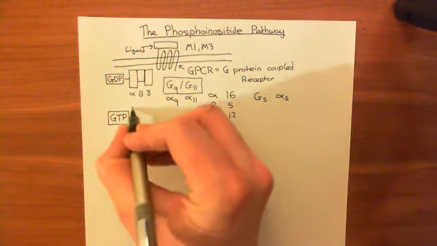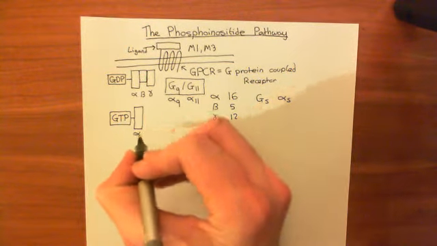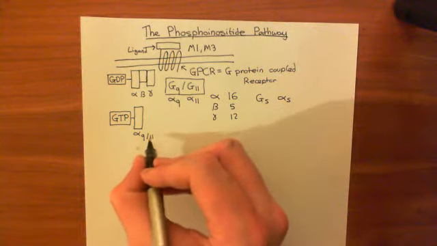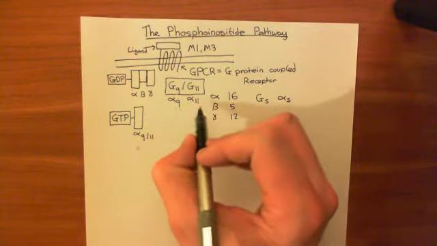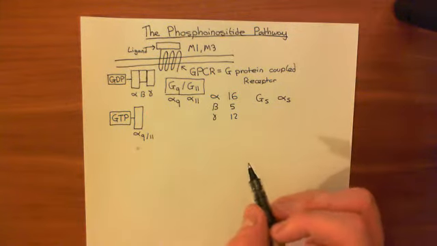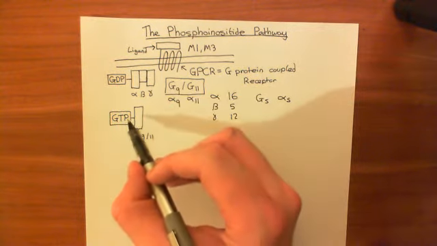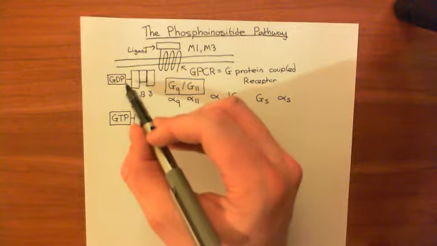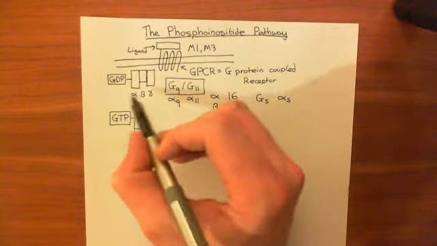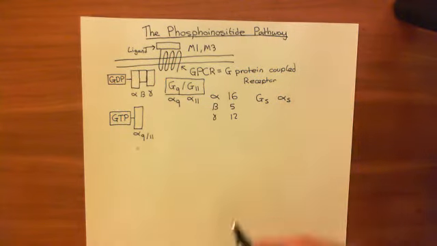Now, when you bind GTP to the alpha subunit of your heterotrimeric G protein, which has either an alpha subunit Q or 11, so when I write alpha Q/11, I mean it's either alpha Q or it's alpha 11. I don't mean some combination of both. Okay. Anyway, when this GPCR becomes active, it's going to catalyze the reaction which breaks this GDP alpha bond and basically brings in a GTP molecule and replaces that GDP molecule with the GTP molecule.